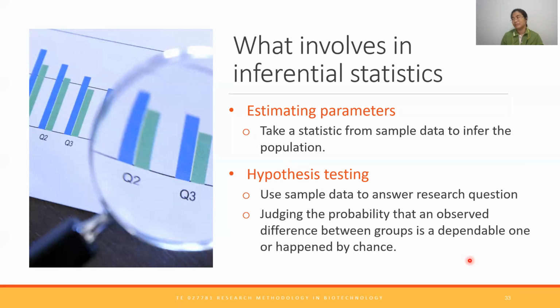response. So in hypothesis testing, you make up a null hypothesis and an alternative hypothesis, and then you do the calculation, get the p-values, and then you judge the probability whether the null hypothesis will happen by more chance.